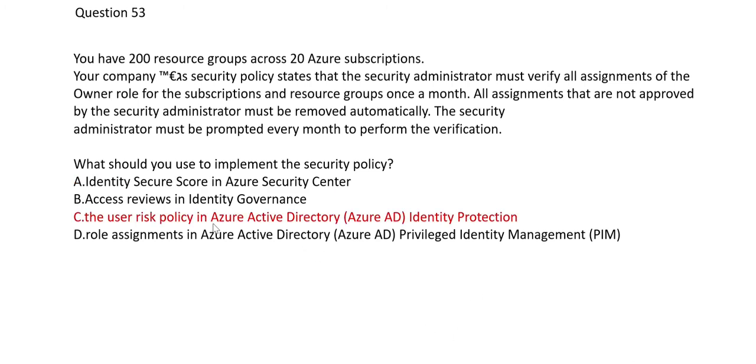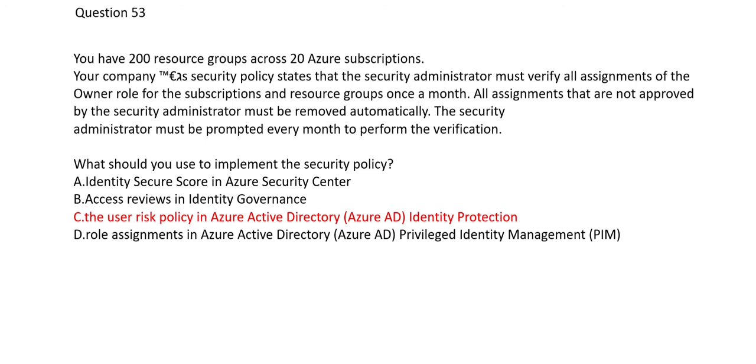Now let's look at C. Whenever we talk about a policy, it is a way of creating some sort of conditional routing, like this person can create resources in this group but not in that group, something of that sort. So with identity protection, you can create policies to secure your resources, but it is not used to prompt for verification every month.